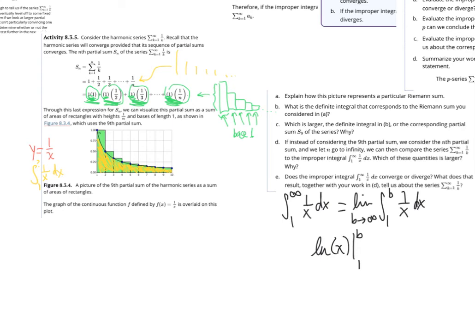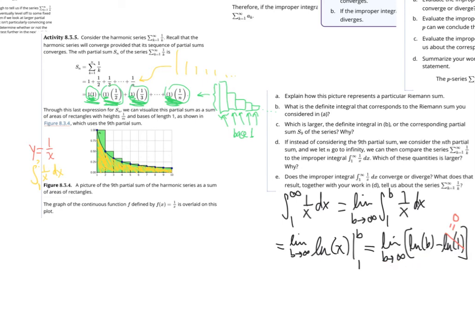So I should write that in: limit as b goes to infinity of ln x evaluated from 1 to b. All right, so we have the limit as b goes to infinity of ln b minus ln 1. We should remember that ln 1 is equal to 0, so I can cross out that ln 1 because subtracting 0 doesn't change anything. And then I have the limit as b approaches infinity of ln b.